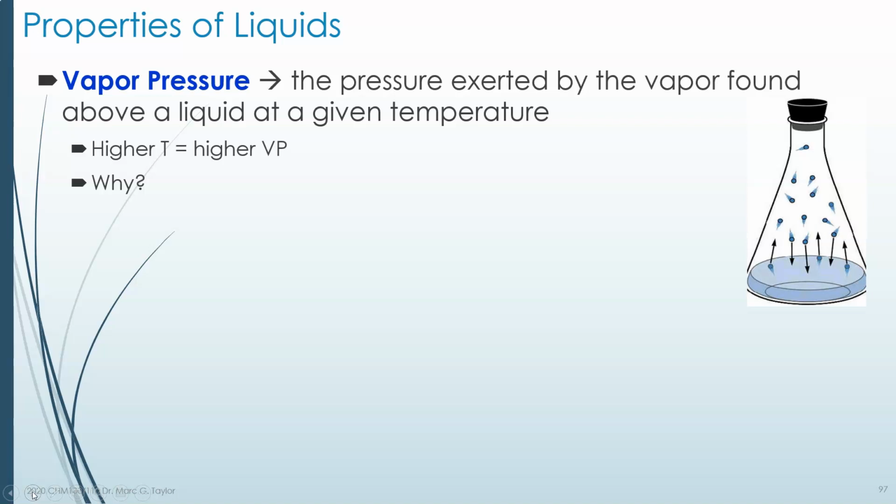So strong IMFs make it hard to vaporize, and therefore have low vapor pressure. Weak IMFs means it's easy to vaporize, and therefore it will be high vapor pressure. And of course, you can always make higher vapor pressure by just heating it up, because the molecules have more energy to escape their IMFs.